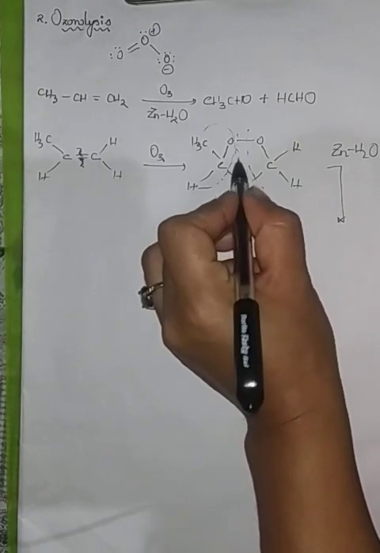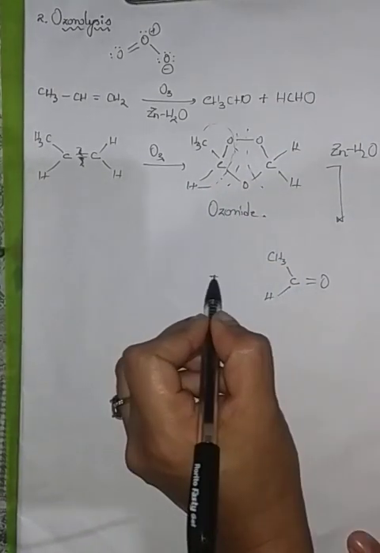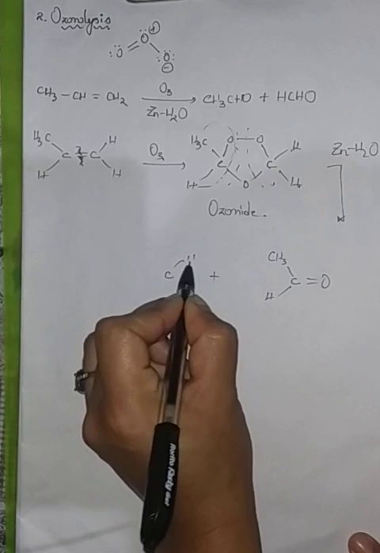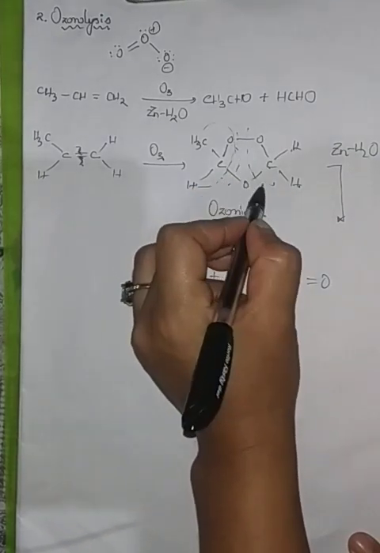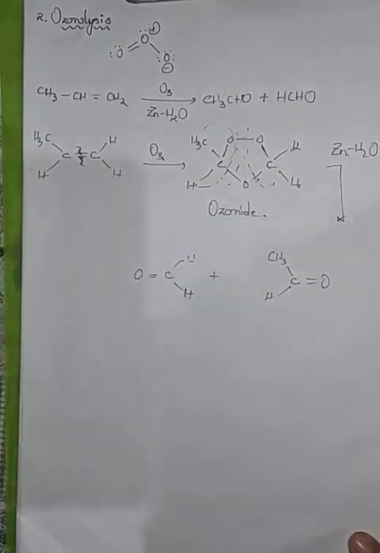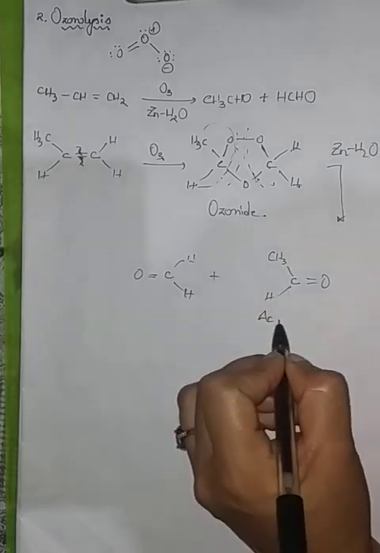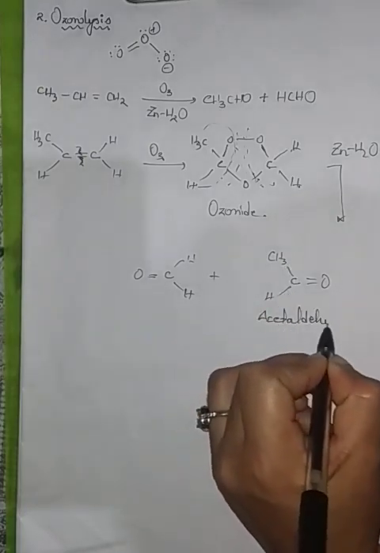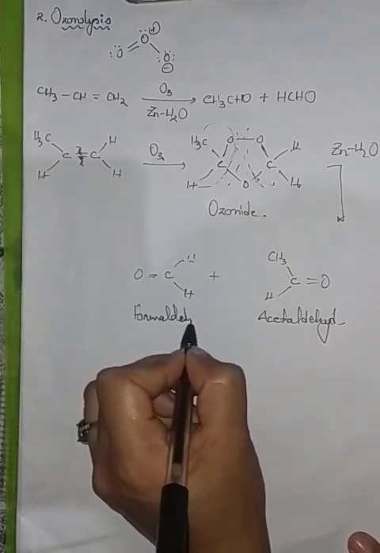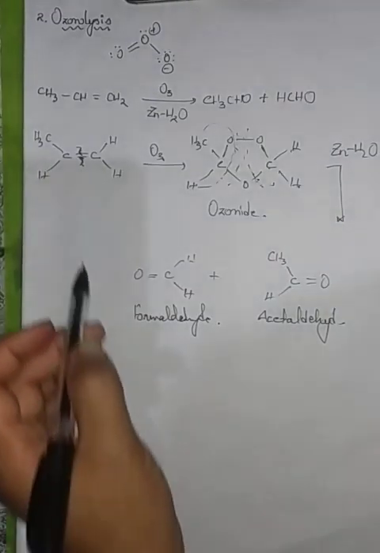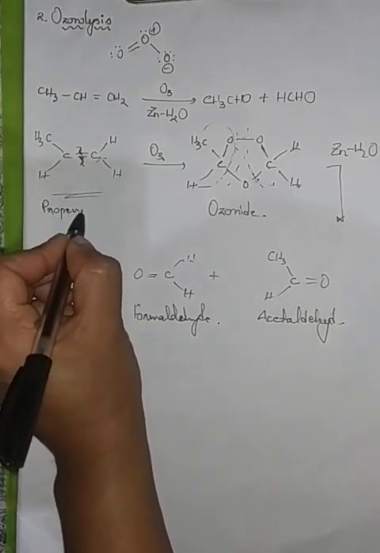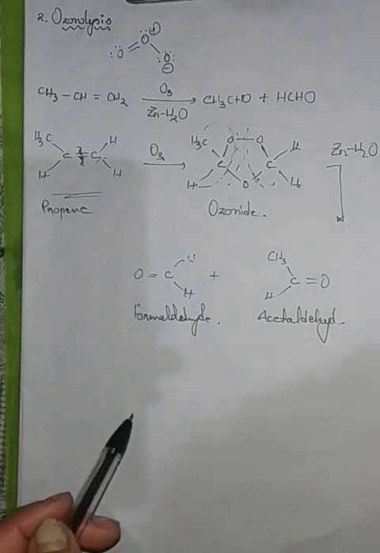Since there is breakage of two bonds, a double bond O would form here, plus for this CH2, H, since the bond broke up in this form, there will be formation of a double bond here. Therefore acetaldehyde and formaldehyde. So when propene, with three carbon atoms, undergoes the ozonolysis reaction, formaldehyde and acetaldehyde are formed.